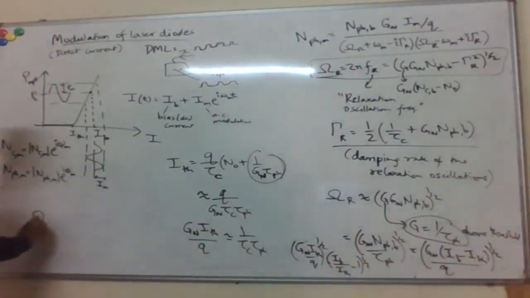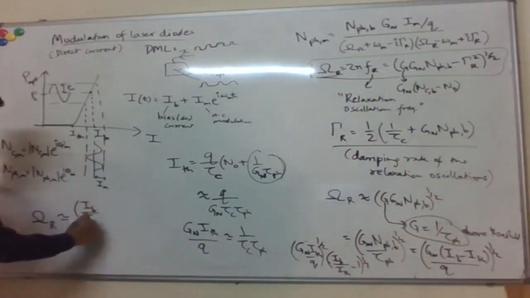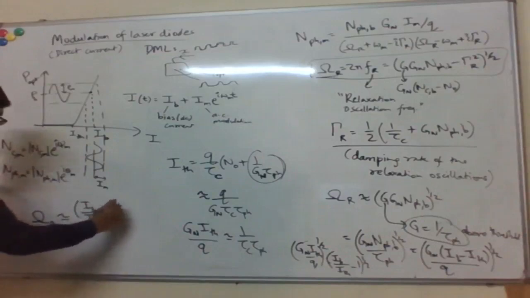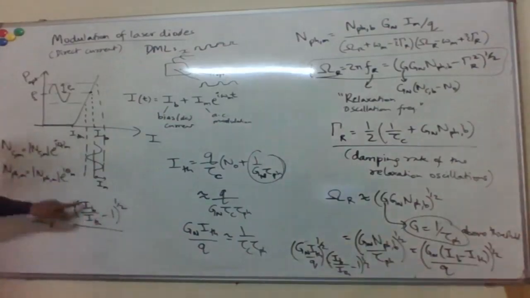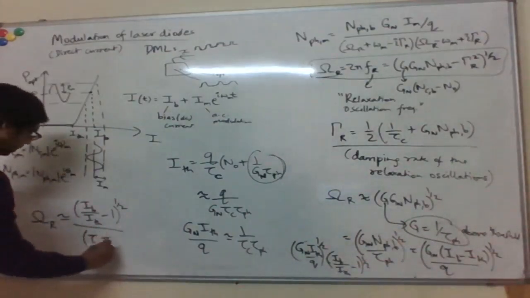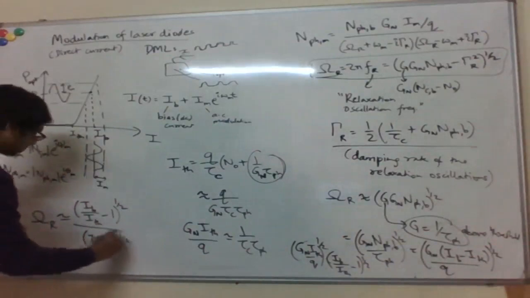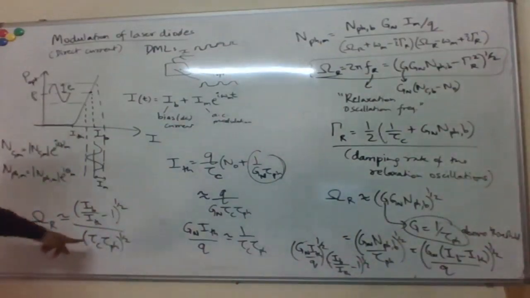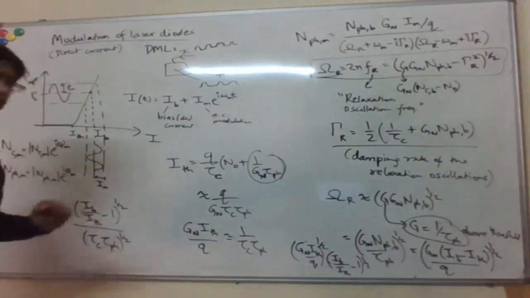Basically, you get this relaxation oscillation frequency to be, so it depends on how far above threshold you are biased, right? But then the time scale is decided, fundamentally, by the product of this carrier lifetime and the photon lifetime.